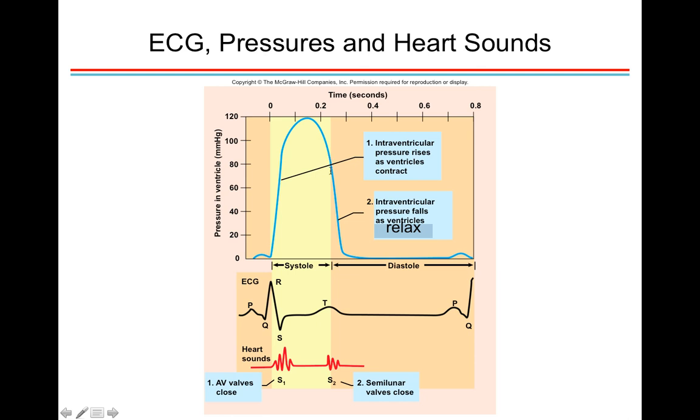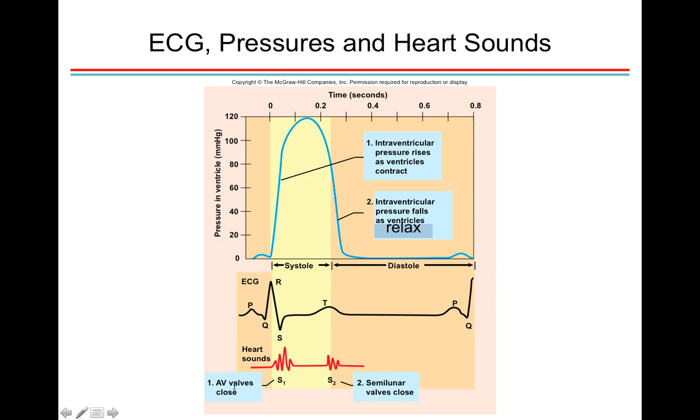And then we know that the semilunar valve is going to close as the pressure in the aorta becomes higher than the pressure in the ventricle. Right? So the ventricular pressure is falling, and then with the semilunar valve closing, what happens? That's happening at the same time that we have the repolarization of the ventricle. And then I forgot to mention what happens in the beginning is the AV valve is closing.